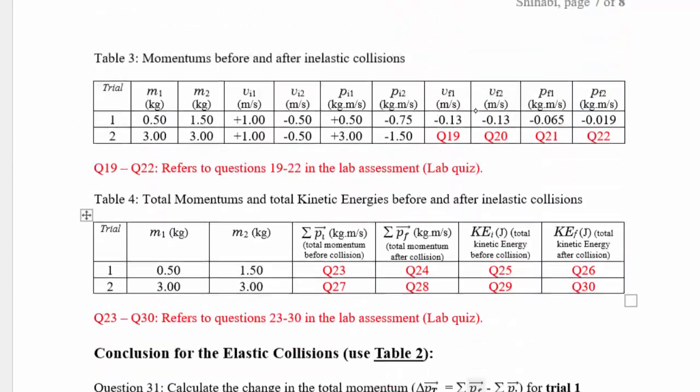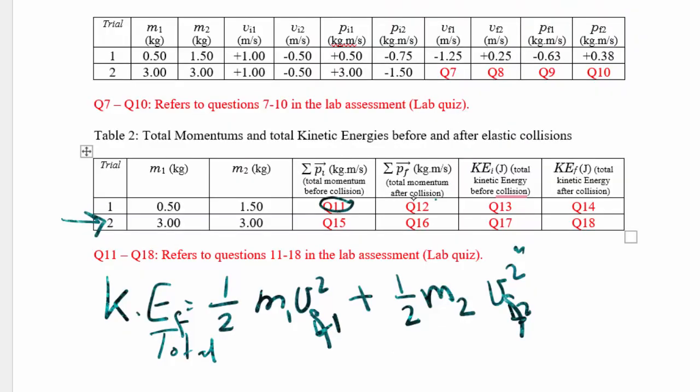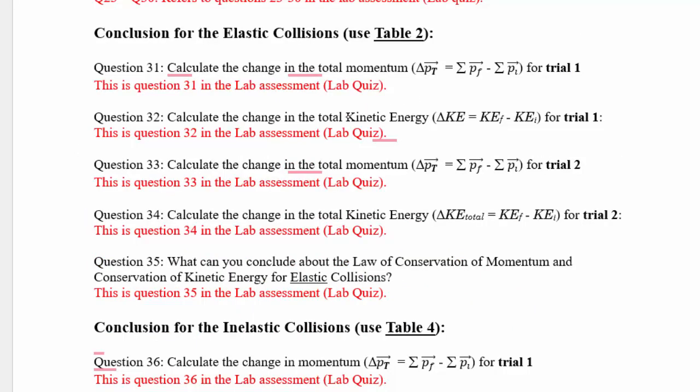So basically, you'll subtract what you got here, which is the sum of the initial momentum, from the sum of the final momentum. And you'll do the same thing for the change in the total kinetic energy. You'll subtract the total initial kinetic energy from the total final kinetic energy.